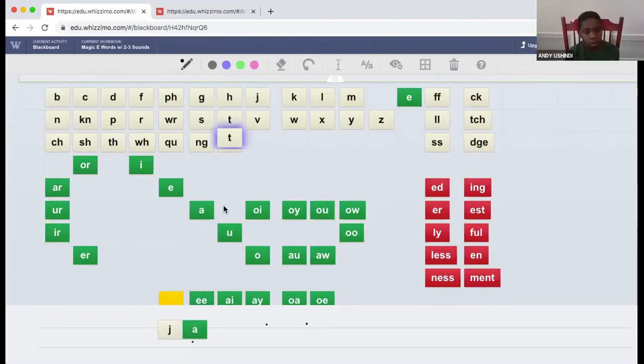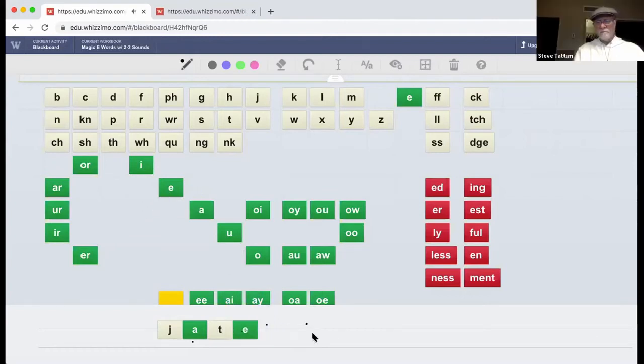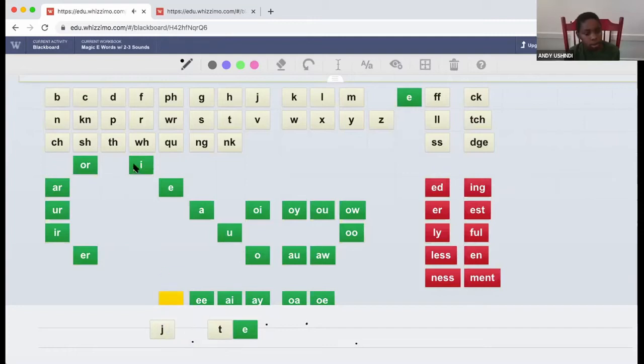J. Good. That's open. What's this say? Jet. What's this say? J. Giant. Jet.